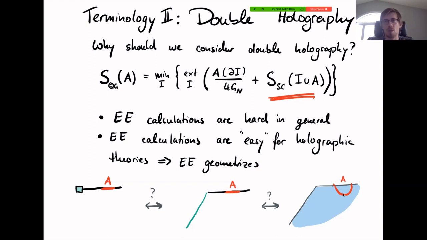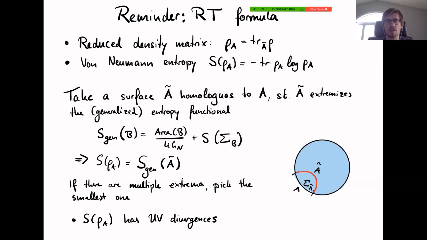And then just a very quick reminder of the RT formula, just so we get this out of the way. The question is, given some subregion A and the reduced density matrix on this region, what is its von Neumann entropy?